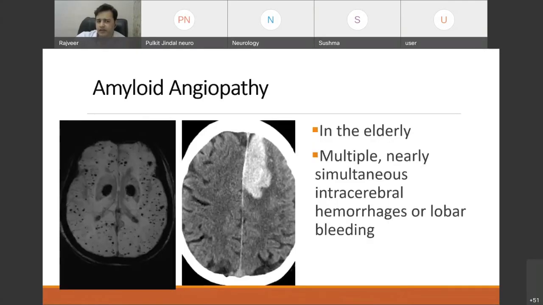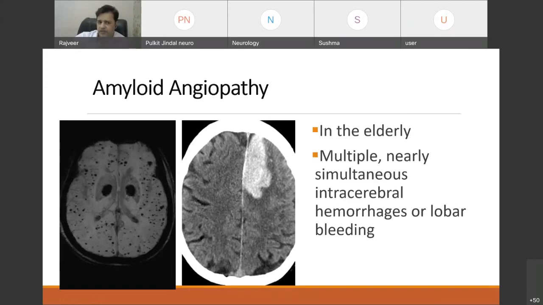Then another common cause of bleed, especially in the elderly patient, is amyloid angiopathy. It is very common in the elderly after 60 years of age. There are two main types of presentation. One is multiple simultaneous intracranial hemorrhages. Like in this slide, first picture, you can see this is a special MRI sequence called SWI.